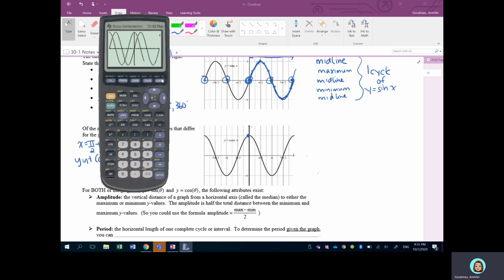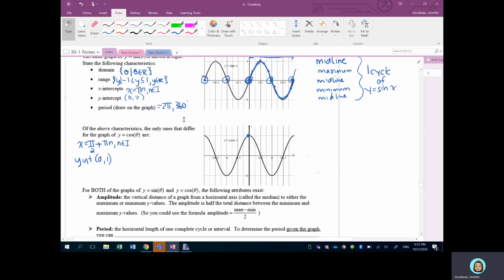So they have the exact same shape, very much the same, but you'll notice that it's like one is shifted over from the other. So if I could just take this graph right here and shift it this direction, or if I could take this graph and shift it this direction, they would be exactly the same.